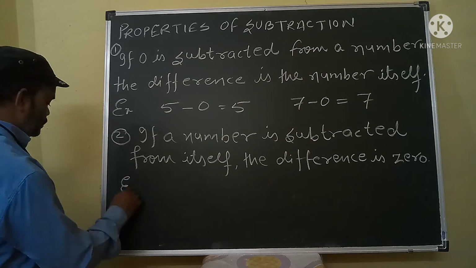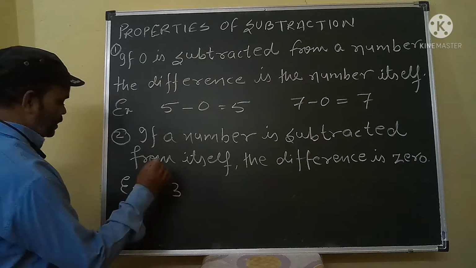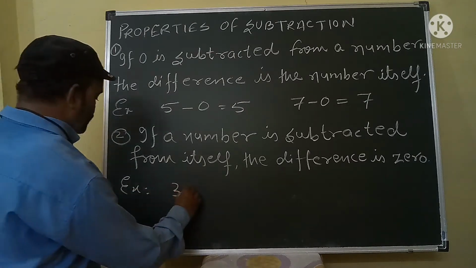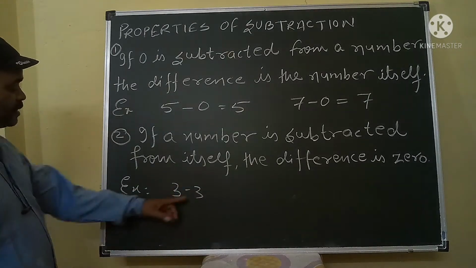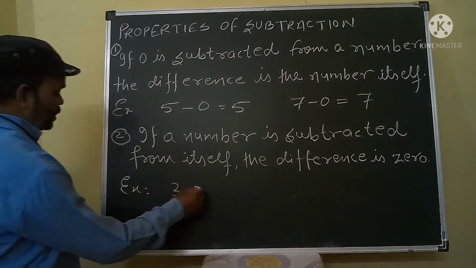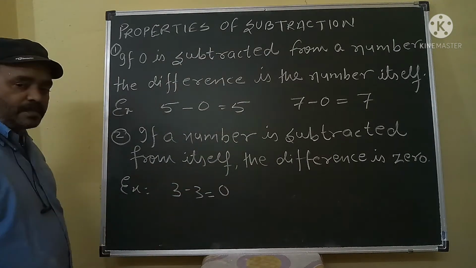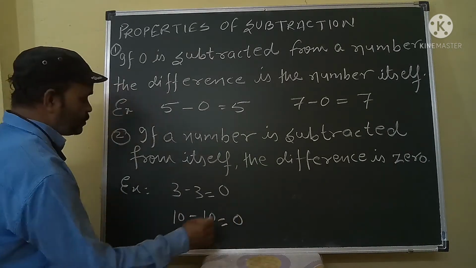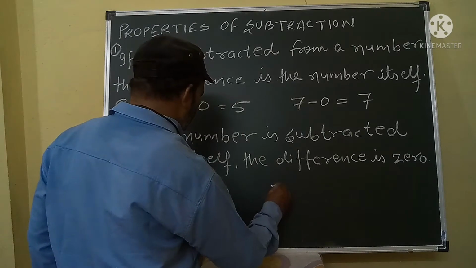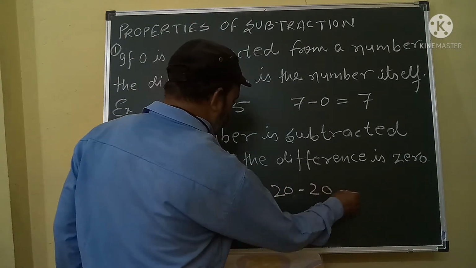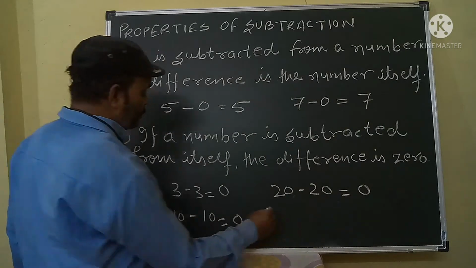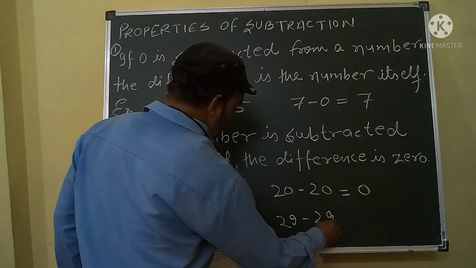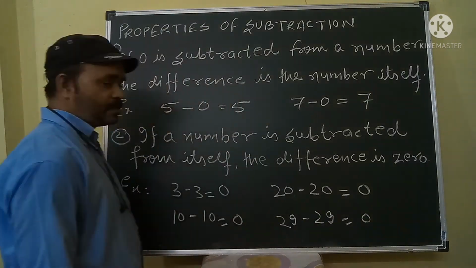For example, suppose this is 3. If you subtract 3 from 3, then you will get 0. 3 minus 3, 0. 10 minus 10, 0. 20 minus 20, it will give you 0. 29 minus 29, it will give you 0.